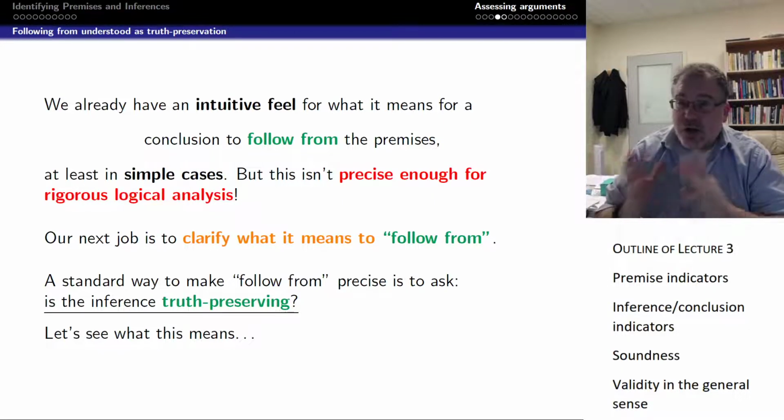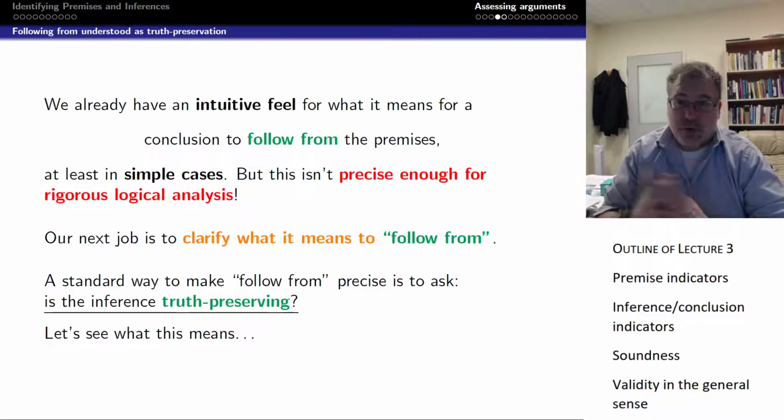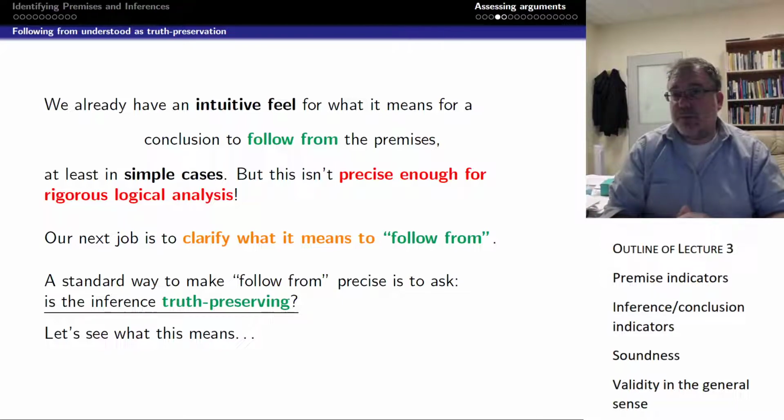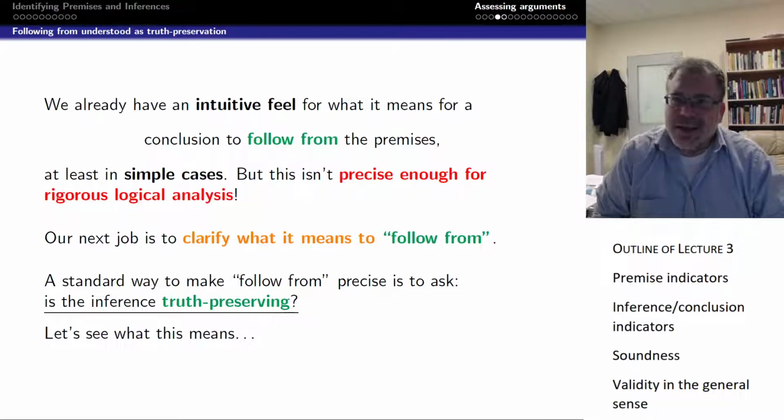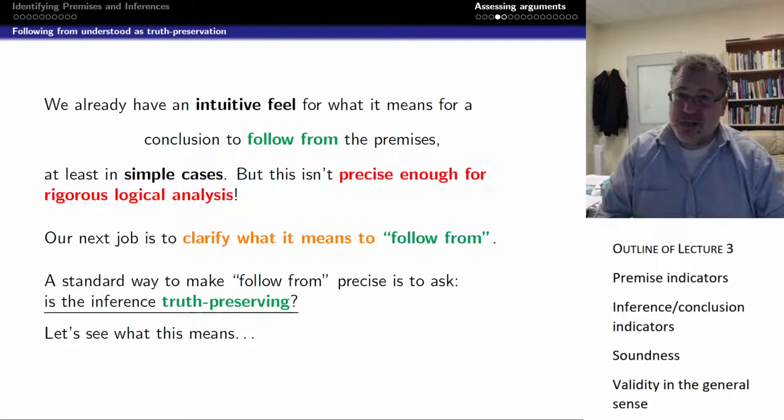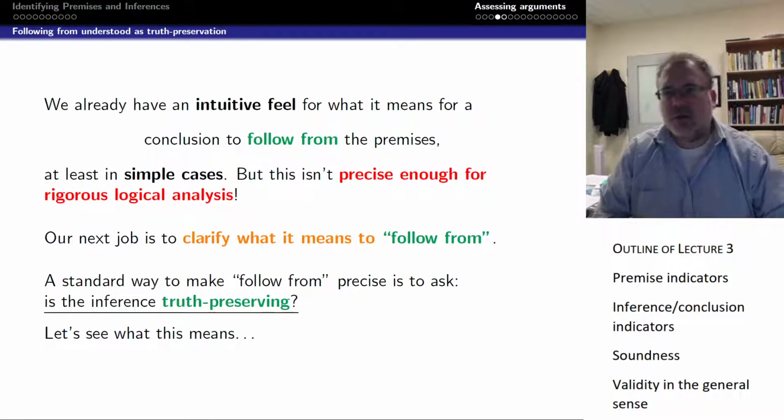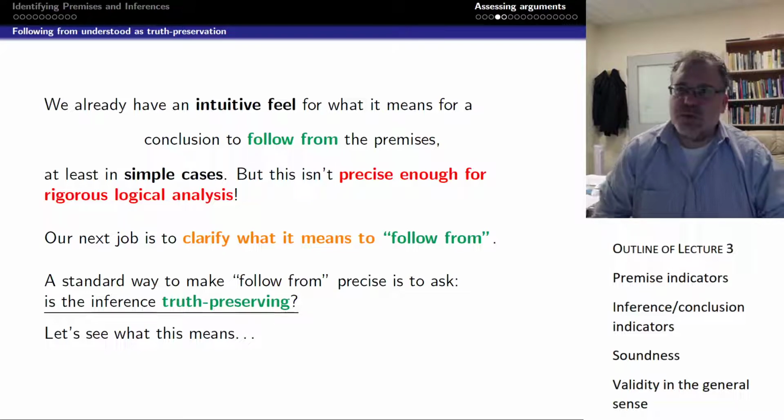So to ask whether the conclusion follows from the premises is to ask whether the truth is preserved when we move from the premises to the conclusion. If we start from true premises and we end with a true conclusion, then truth is preserved.